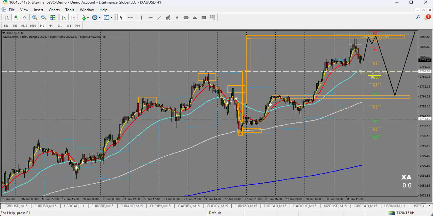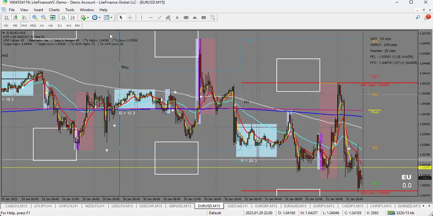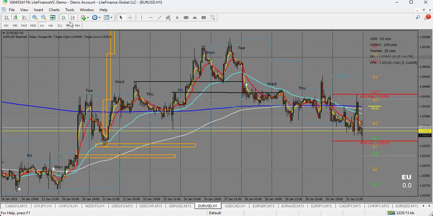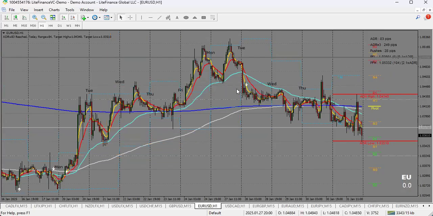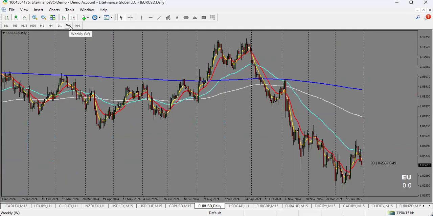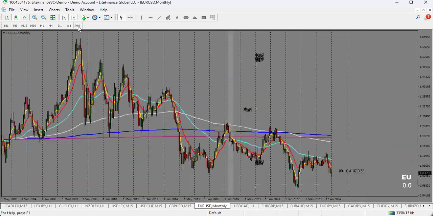Since the inauguration of the new president of the United States of America, President Donald Trump, we have seen this dollar pair has been reacting strongly to some of the economic data that have been coming out, and we had the FOMC meeting last week. The Fed interest rate was out. Okay, so let's start with the monthly time frame.